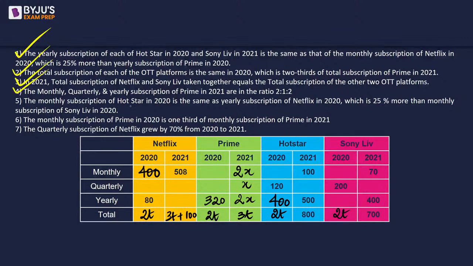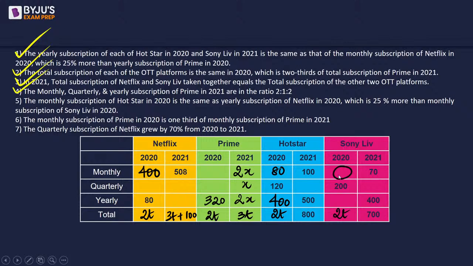The monthly subscription of Hotstar, so we are talking about this place, in 2020 is same as the yearly subscription of Netflix in 2020. So ये दोनों same है, so this is going to be 80, right? And this 80 is 25% more than the monthly subscription of Sony Live in 2020.